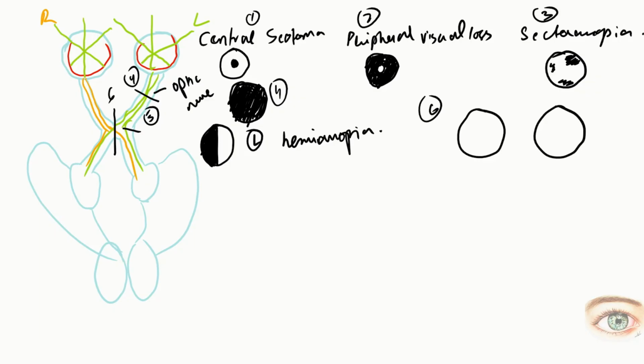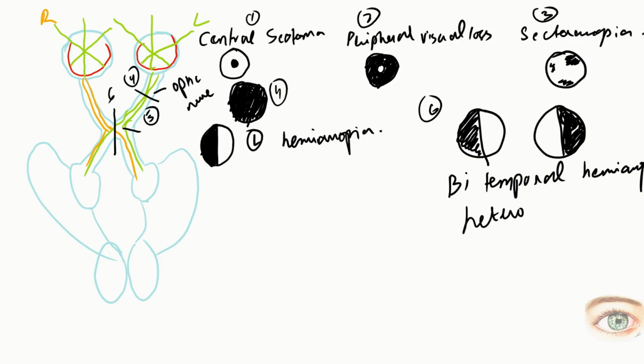And since the nasal fibers are involved, both the temporal visual fields are going to be affected. And we are going to document it as bitemporal hemianopia. Or we can also call it heteronymous hemianopia, right?